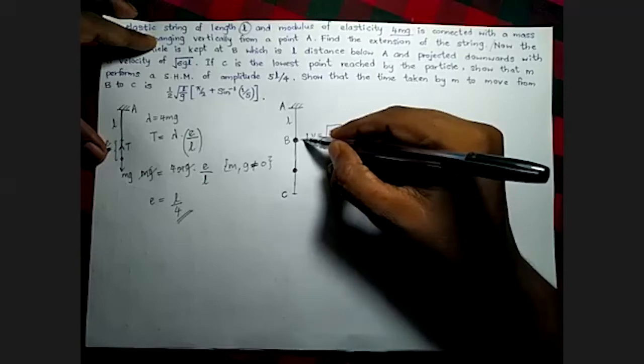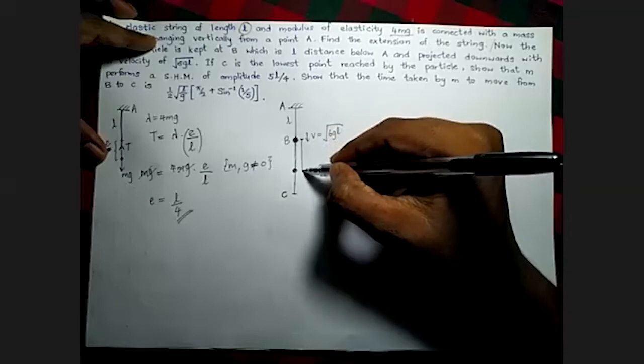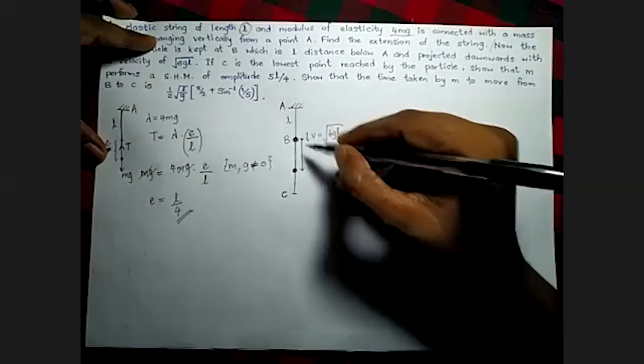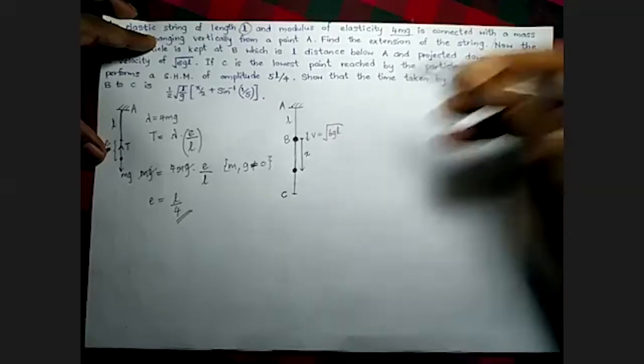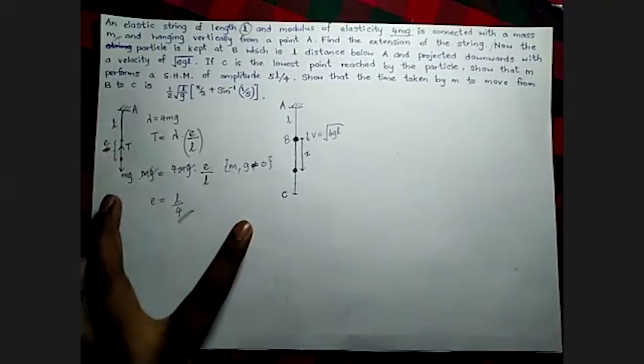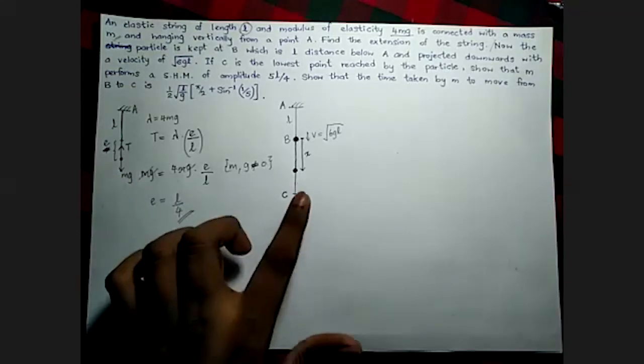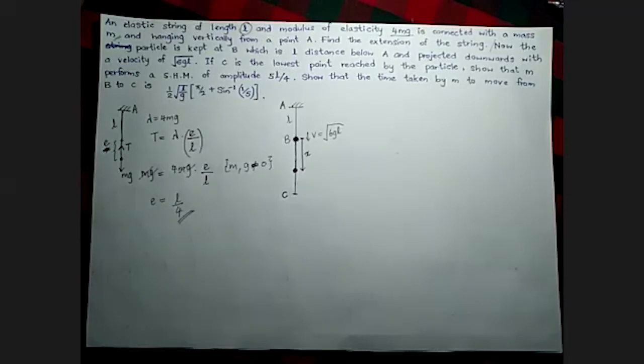And also I am going to mark this extension as x. This is the extension. Now these two diagrams are different. This is for the first part. Now this is the new extension. I used x.